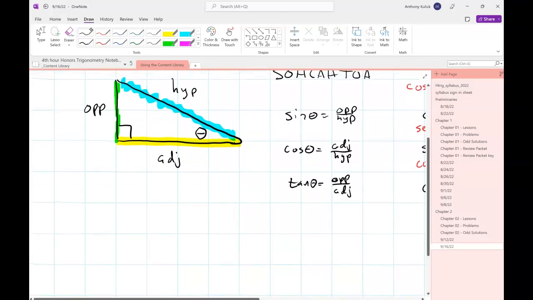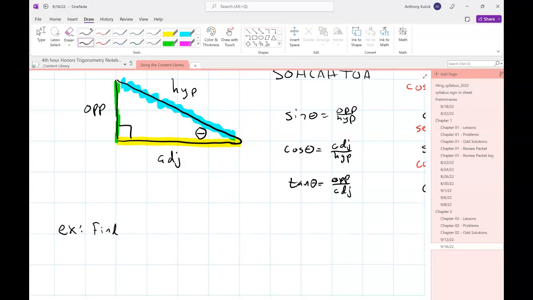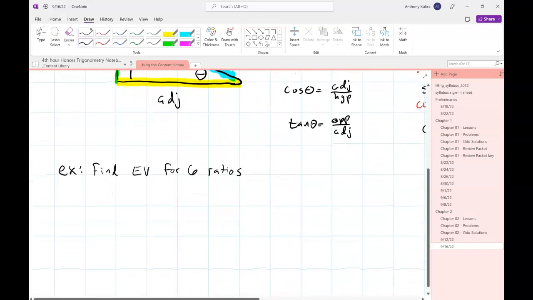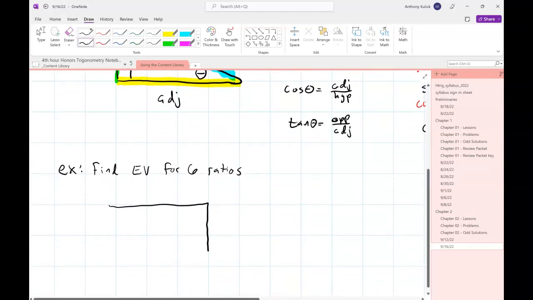All right, let's do a quickie example. So let's say we want to find the exact value for the 6 trig ratios given this situation.